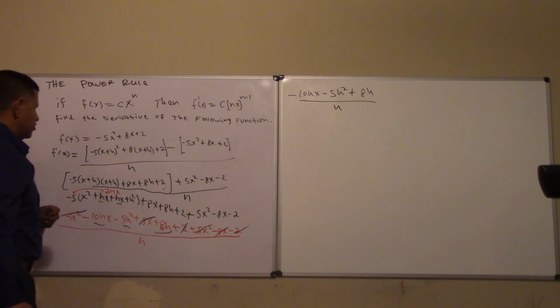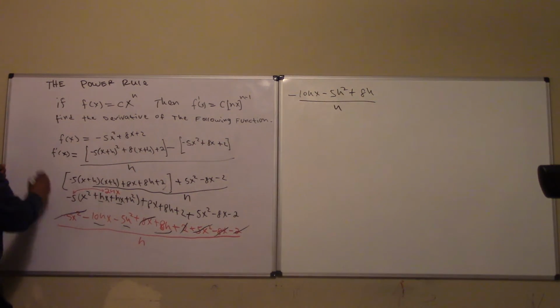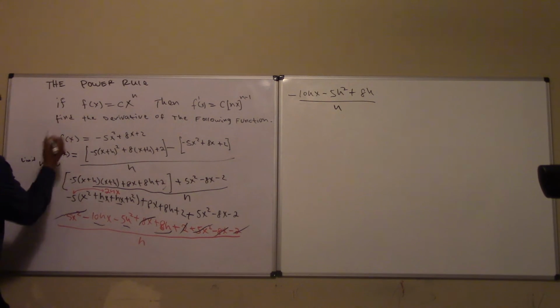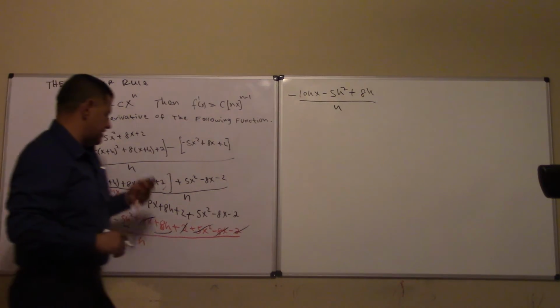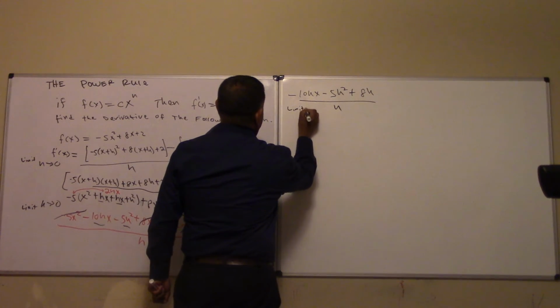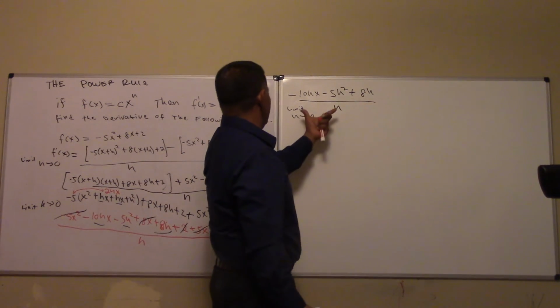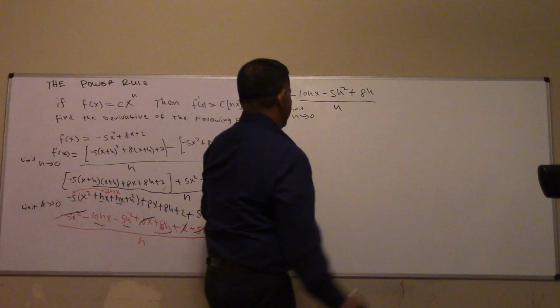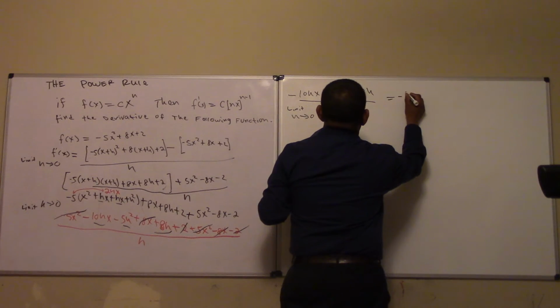So let's say the limit as h approaches 0, right? I am doing this just for extra practice in this definition of the derivative. So limit as h approaches 0. Now look at this here. I can factor h out, right?